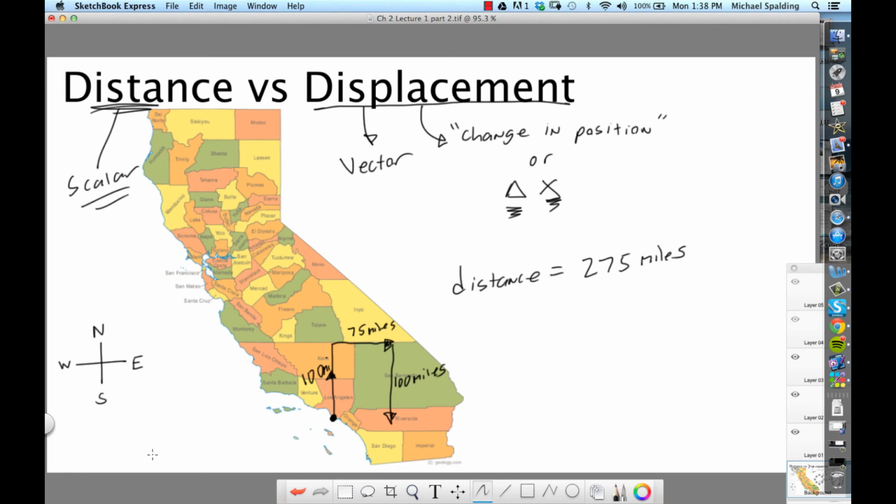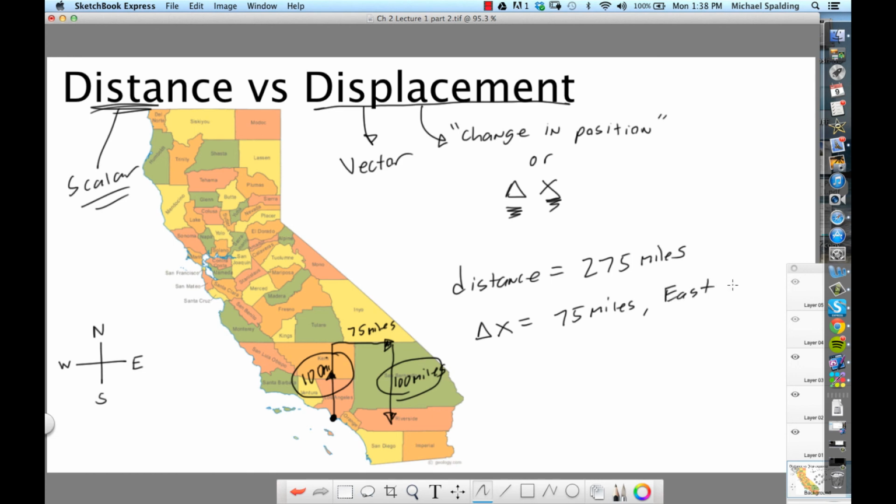So like we just did on the previous screen, who can tell me what's going to happen to this 100-mile north and this 100-mile south? They're going to cancel each other, right? So what is our displacement, the delta x? What will our displacement end up being for this example? 75 miles, which way? East.